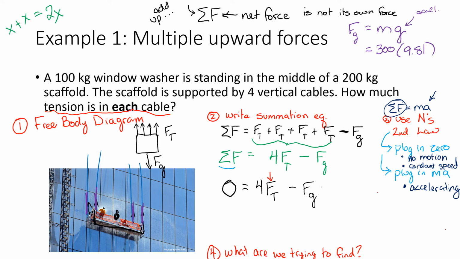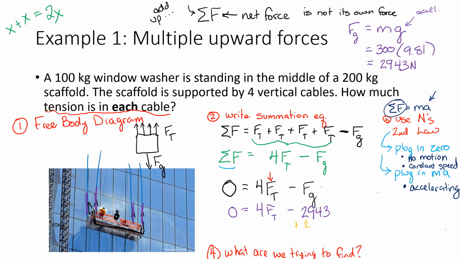So the force of gravity pulling on the scaffold and the man is 2,943 newtons. So down here in our summation equation, we can plug in 2,943. So now this turns into an algebra problem, and we're just solving for our unknown variable.